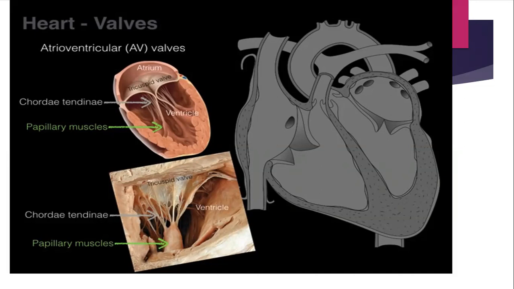You can see the anatomy, the ventricle, and the papillary muscles, which hold this tricuspid in position. The valves are supported by chordae tendineae. The chordae and papillary muscles are very important because they have to be visualized when you're doing an echocardiogram.